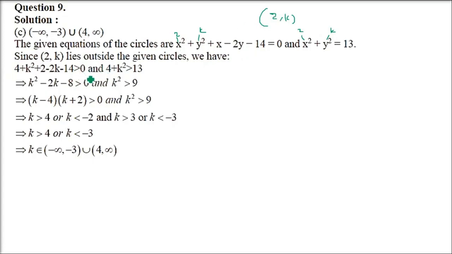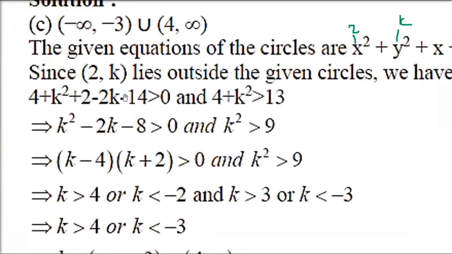We'll put the values and the final result will be greater than 0. We have already seen the inequality. If we resolve this, you'll find a quadratic equation, and then we can find the factors. When you put 2 and k as x and y, the factors are k minus 4, k plus 2.